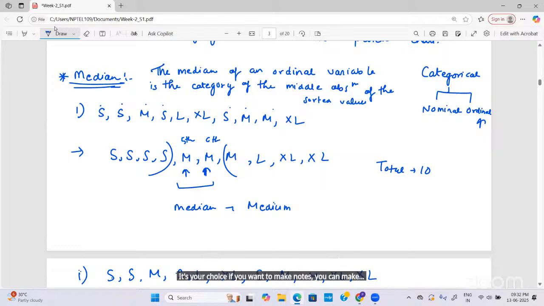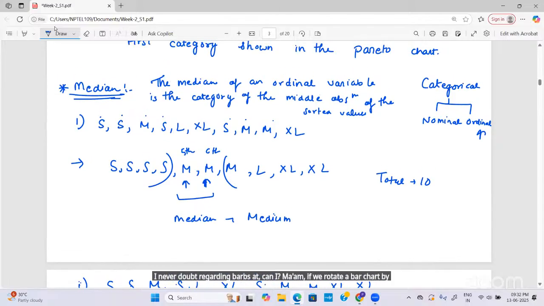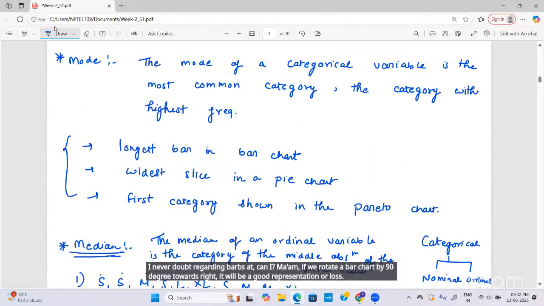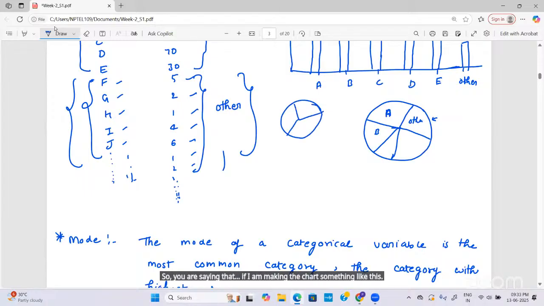Ma'am, I have a doubt regarding bar chart. If we rotate a bar chart by 90 degrees towards right, will it be a good representation or not? Sorry, he's talking about the bar chart, ma'am.